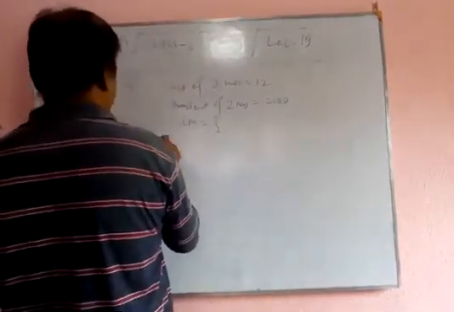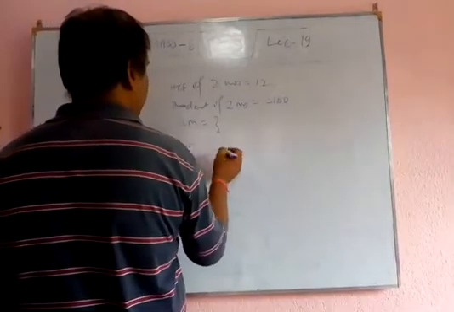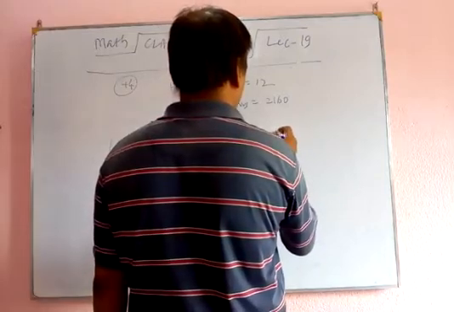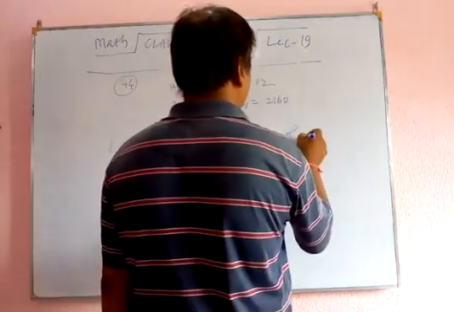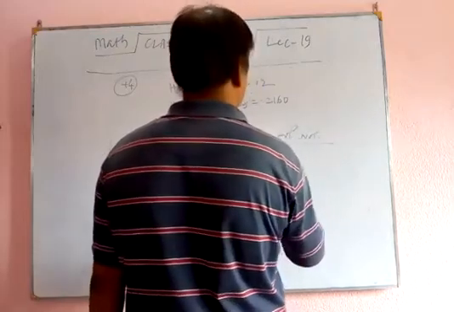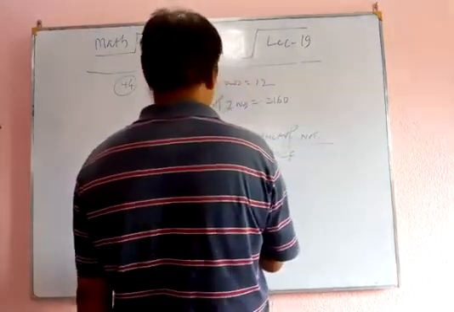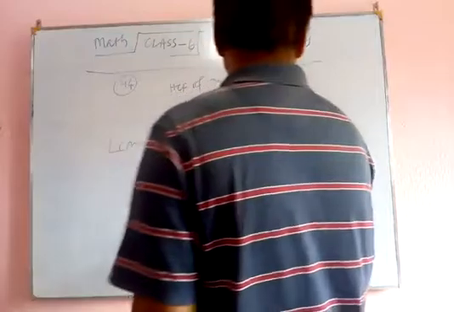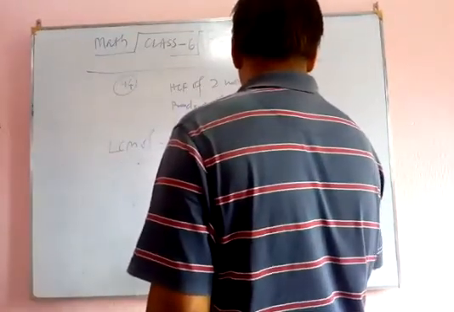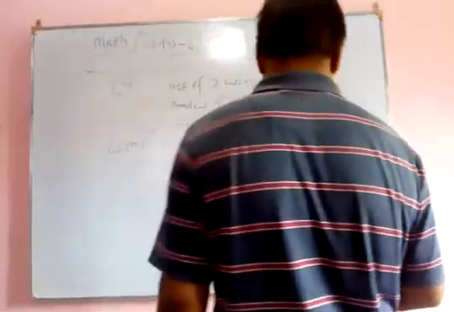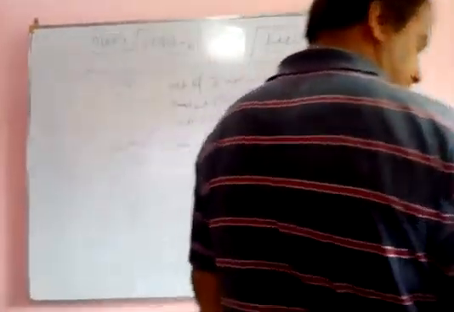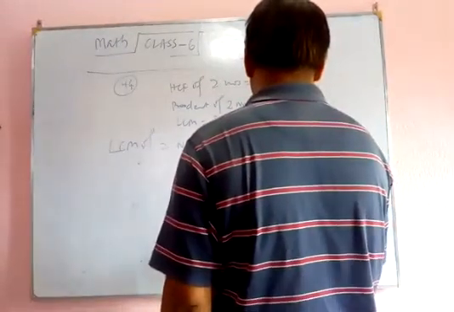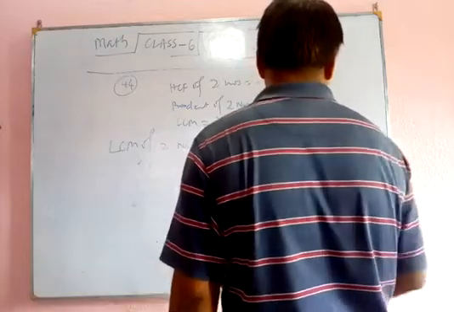The LCM of two numbers is equal to the product of the numbers by the HCF, which is 2160 by 12, and it is 180.